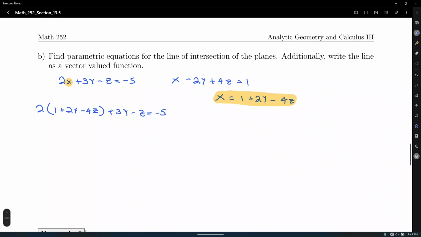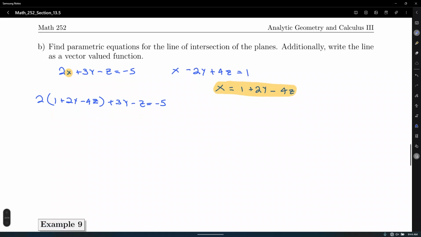So that's going to give us a single equation, one equation with two unknowns, which is still somewhat a problem. But trust me, it's going to get a lot simpler. Distributing the 2, that's 2 plus 4y minus 8z plus 3y minus z equals negative 5. Let's combine like terms as usual.